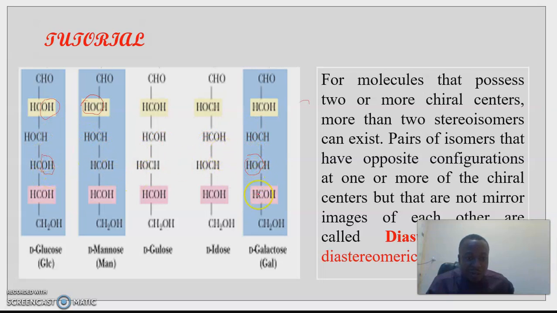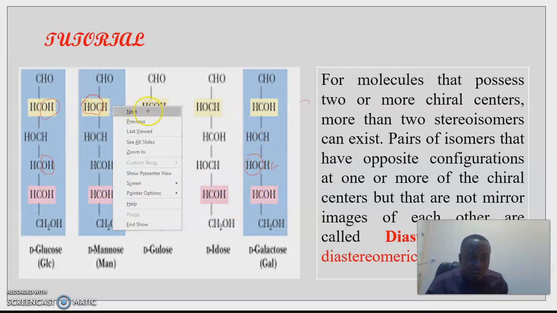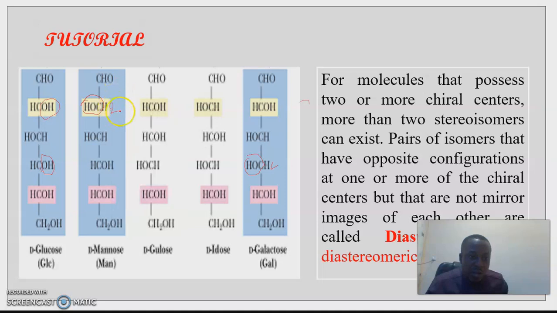Carbon 5 is the same. So the only difference is at carbon 4. So galactose is an epimer of glucose at carbon 4, while mannose is an epimer of glucose at carbon 2. That's what we refer to as epimers.